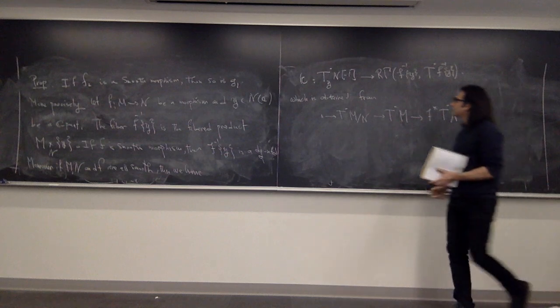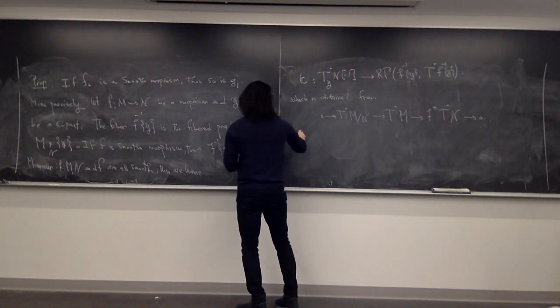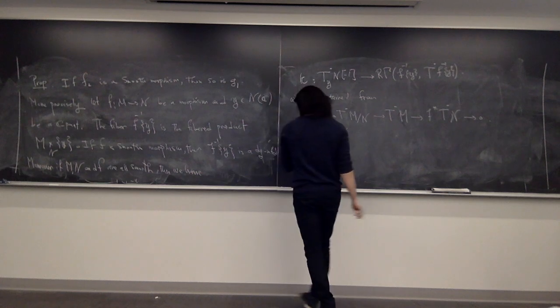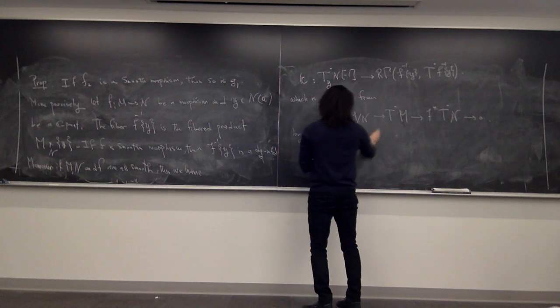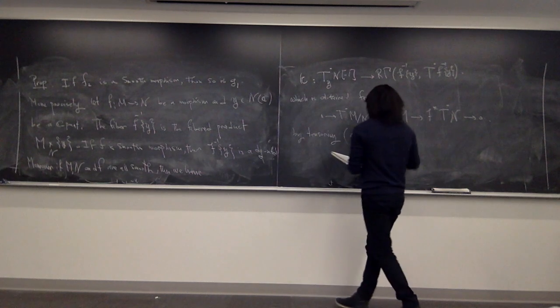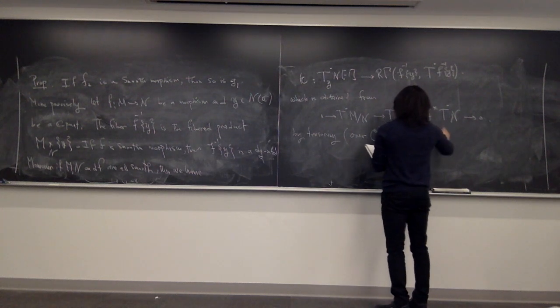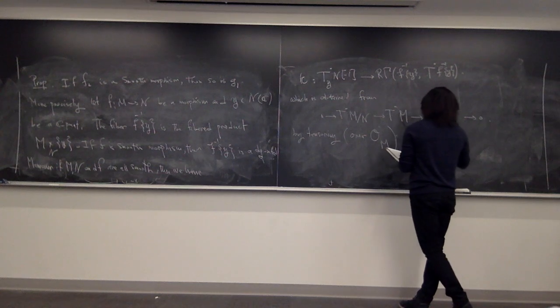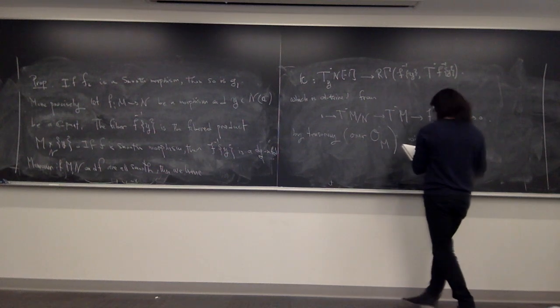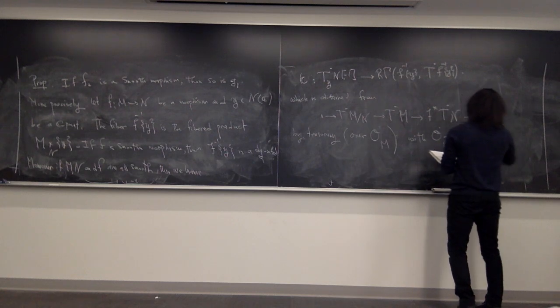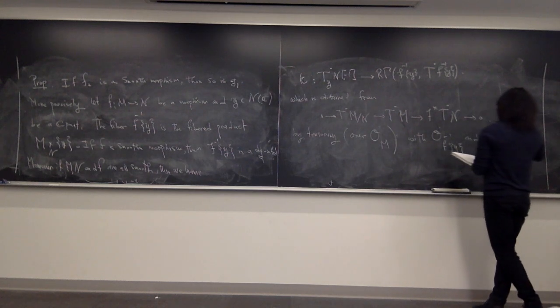So this is obtained from here by tensoring over the DG algebra of M with O of F inverse of Y and using adjunction.